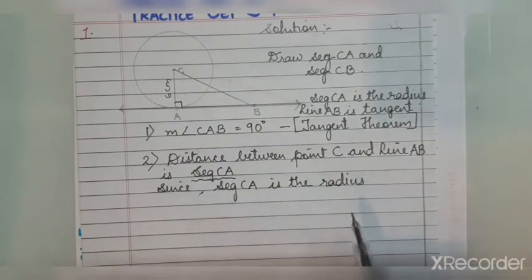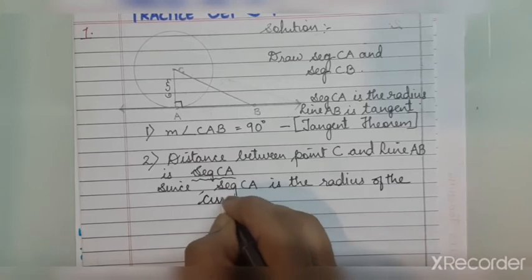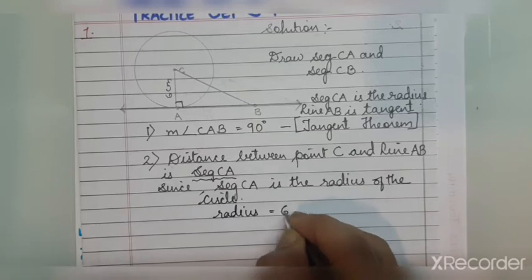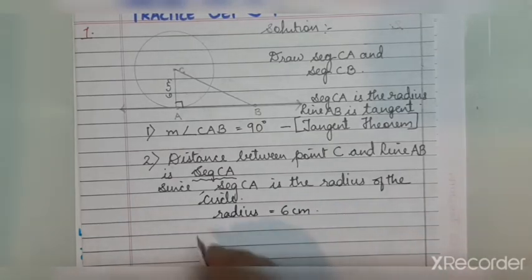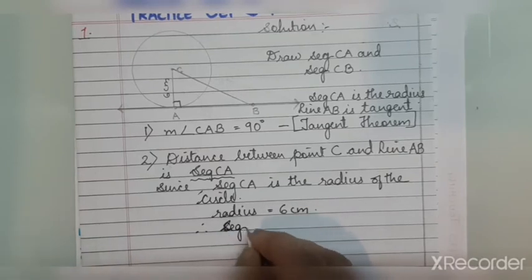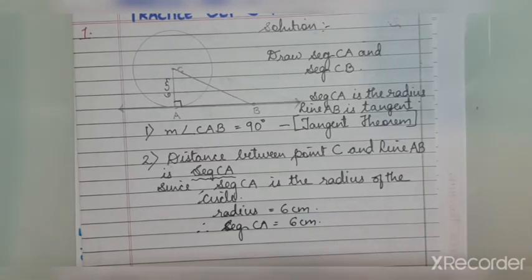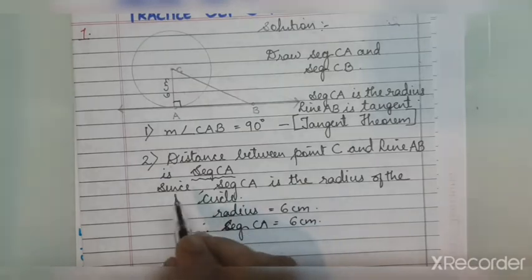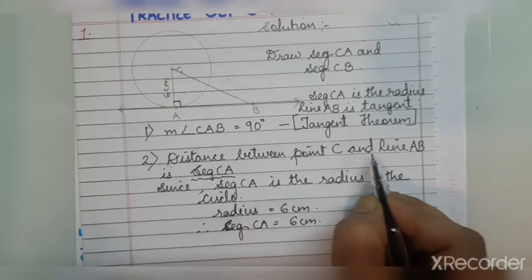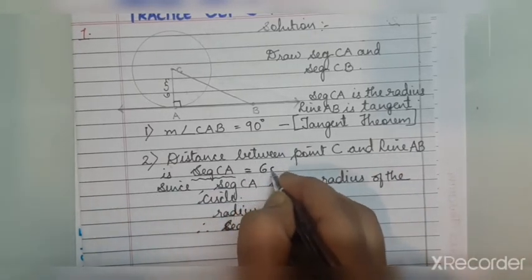So since segment CA is the radius of the circle, and they have given that the radius is 6 centimeter, therefore segment CA is also 6 centimeter. So distance between point C and line AB is segment CA, which is equal to 6 centimeter.